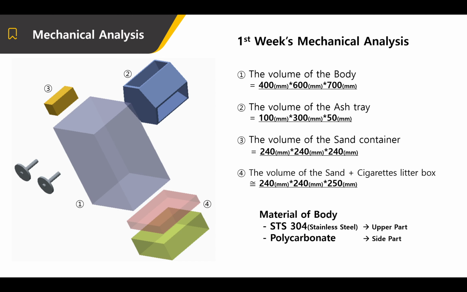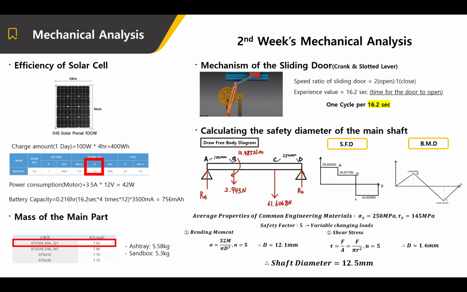In the first week, we decided on the way the ashtray works and proceeded to calculate the volume of basic parts and to select materials. In the second week, we examined the specifications for solar cells to be used to drive the ashtray. We then decided on the mechanism of sliding doors that would be connected with a sandbox to control the emission of sand.